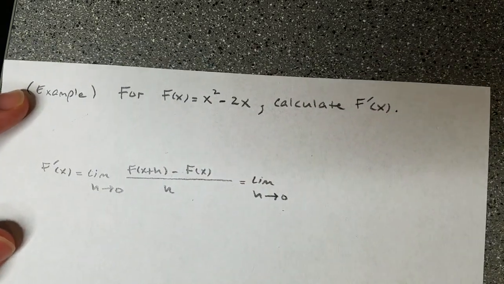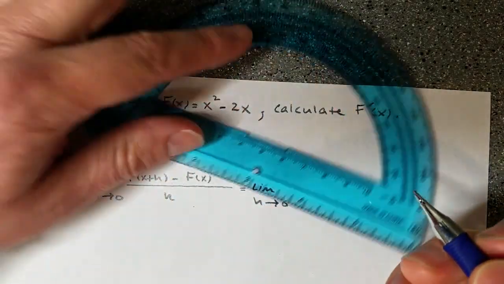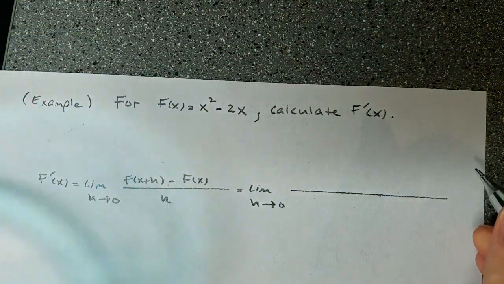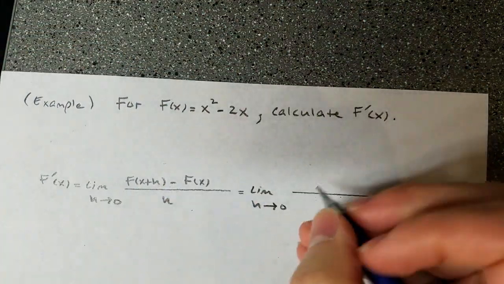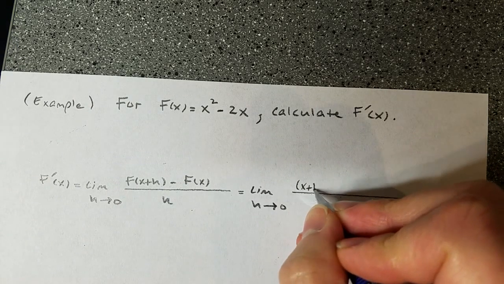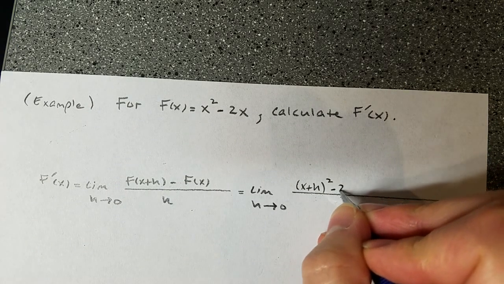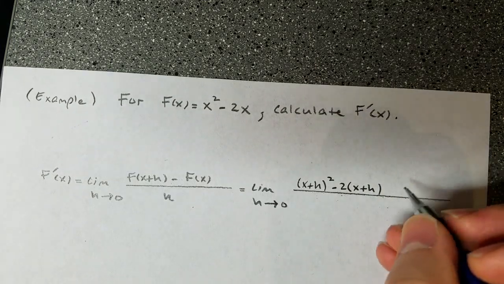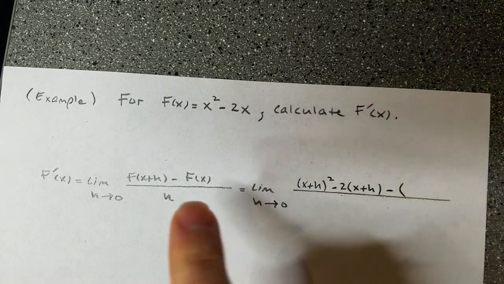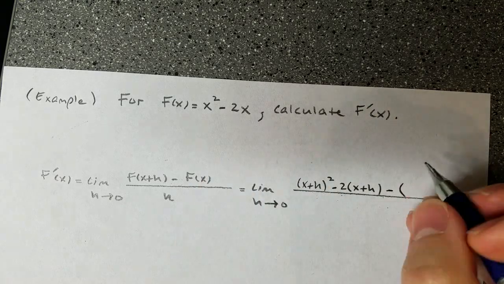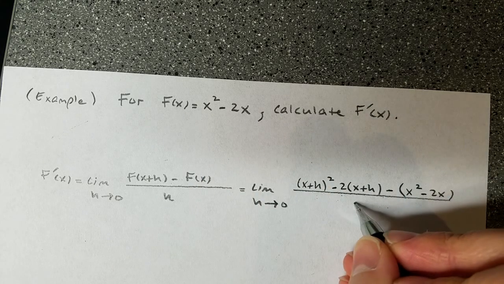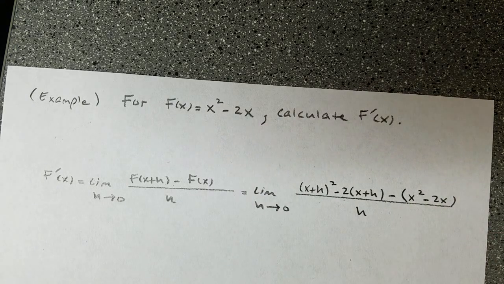So, okay. So let's do this. Let's write all of our stuff down. So we want limit h goes to 0. F of x plus h is going to be x plus h squared minus 2 times x plus h. And then I subtract f of x, which is x squared minus 2x, and divide that by h.